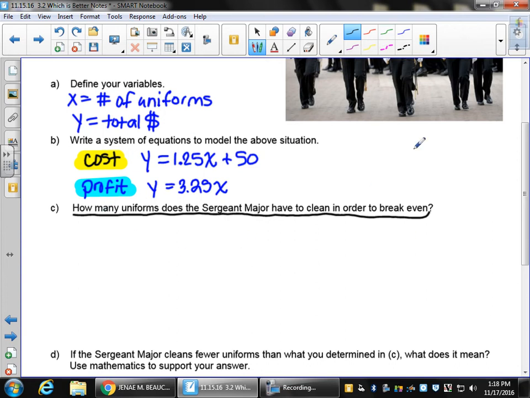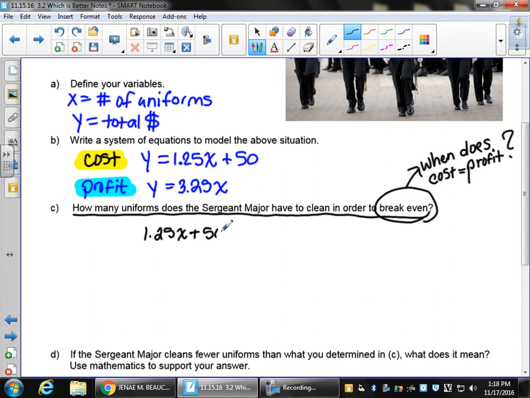When a business breaks even, it means when does cost equal profit? They'll have broken even. They'll have made just enough money to cover their costs. Let's find out. We will set cost equal to profit and solve.